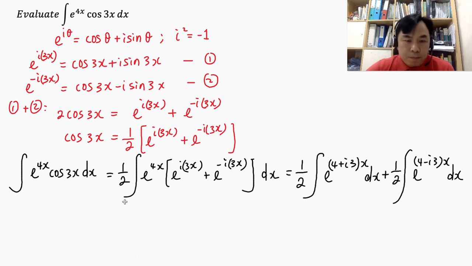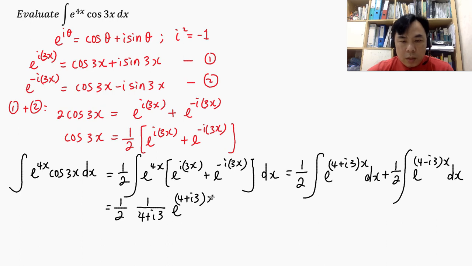And then integrating this is a piece of cheesecake at this point. It's just a simple integration of exponential. All we need to do is to have a half, and then the integration for the first one is basically 1 over 4 plus i3 times exponential (4 plus i3)x. That's how it looks like.